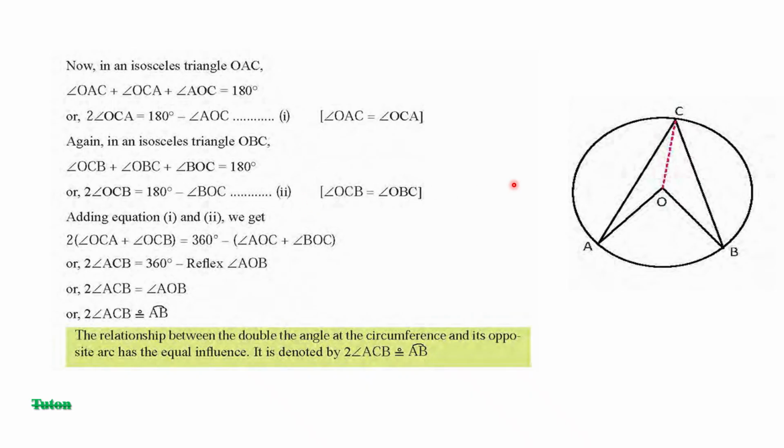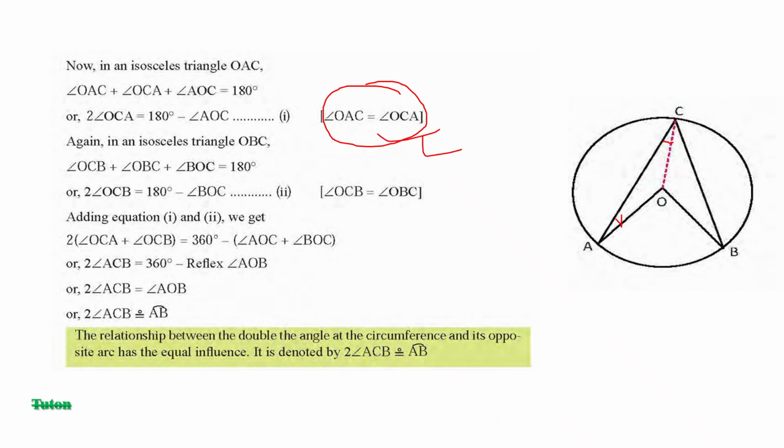An isosceles triangle is a triangle having two angles the same. Here in this triangle OAC, angle OAC and angle OCA, which would be this angle and this angle, are the same, so we can write angle OAC is equal to angle OCA, as suggested by this equation.